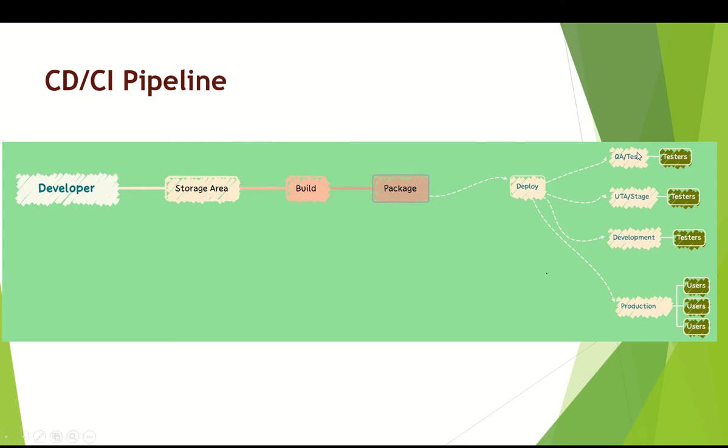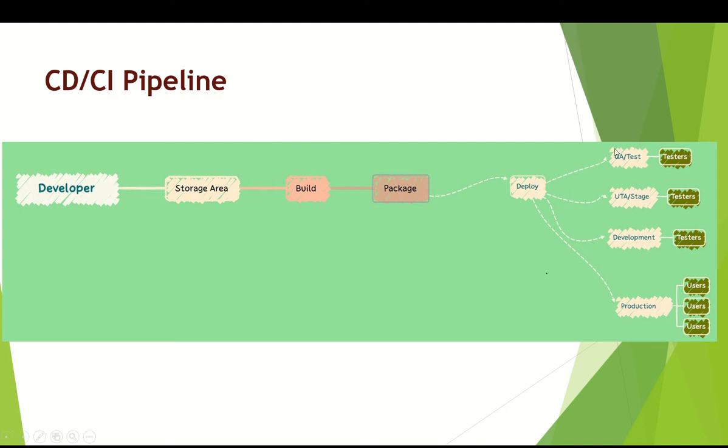Most people who work in production know what QA, UAT stage, development and production are. Before going to production, it will go to QA test. The developer will say the code has to go to the test environment, then our DevOps engineer will send that to the test servers.